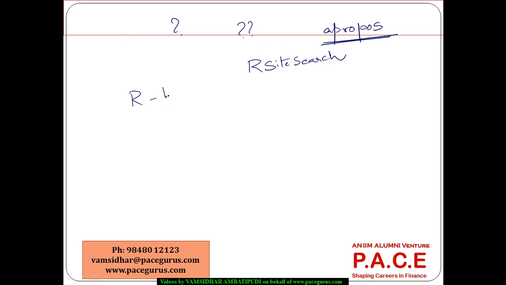Probably there is R help, which is a kind of a mailing list. Lots of questions available, so you can subscribe to this kind of mailing list, or you can have something called rseek. It's a kind of a search engine. Different functions, posts that are there from the various mailing list archives, it pulls out and displays things for you.